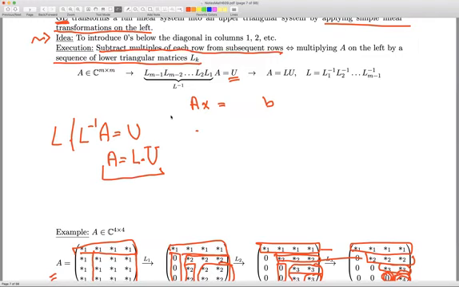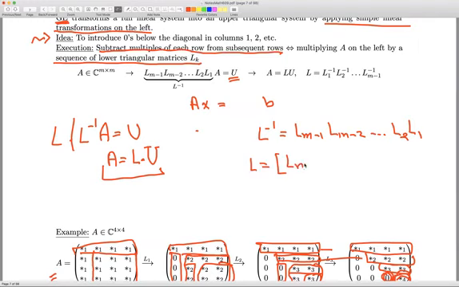Now, L inverse is equal to the product of those matrices, L_{m-1}, then L_{m-2}, and so on, down to L2 and L1. To find L, L will then be the inverse of all those matrices.